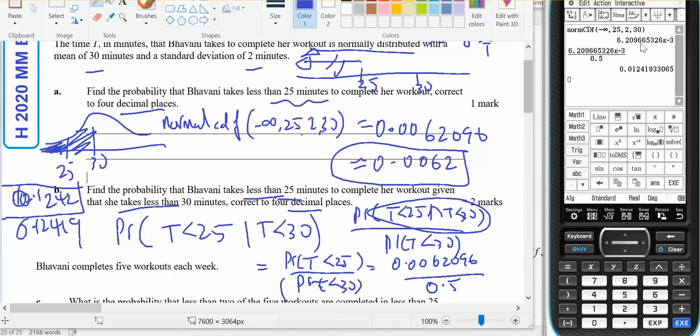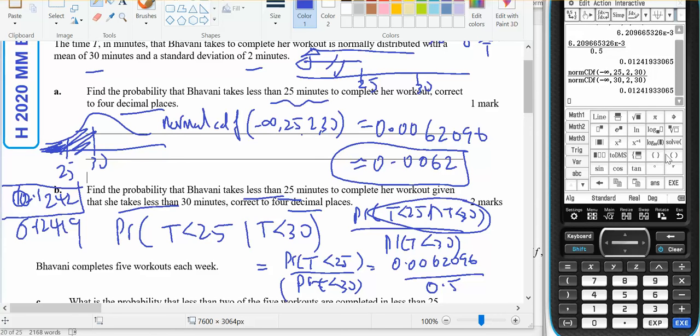What would it look like if I was doing it all on the calculator? I'd have that in the numerator, and in the denominator I want less than 30. And lo and behold, I get the same answer.